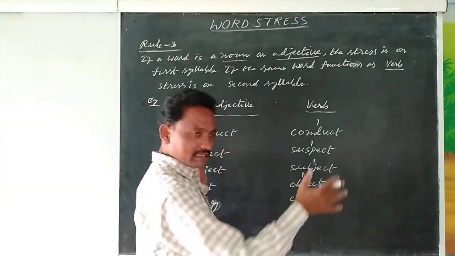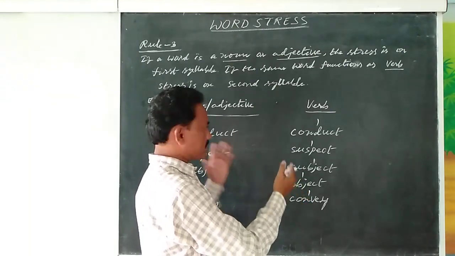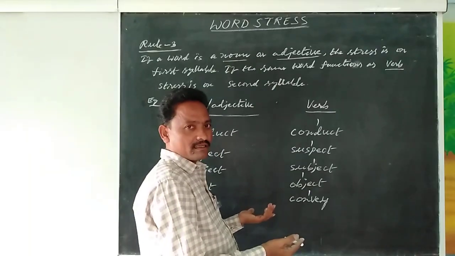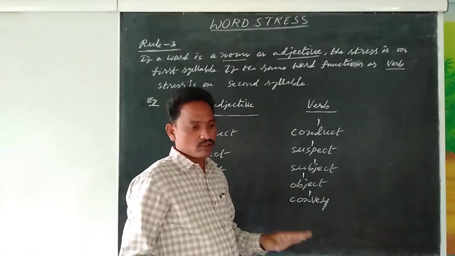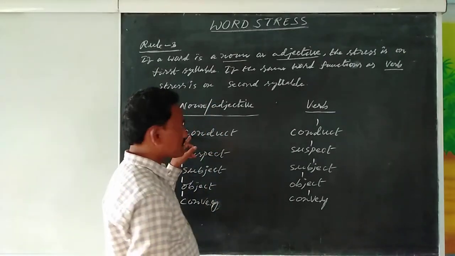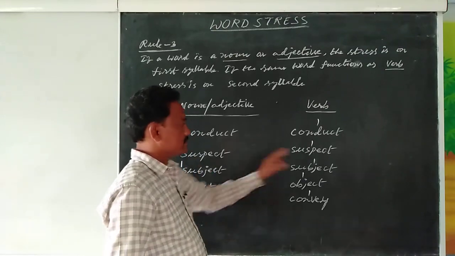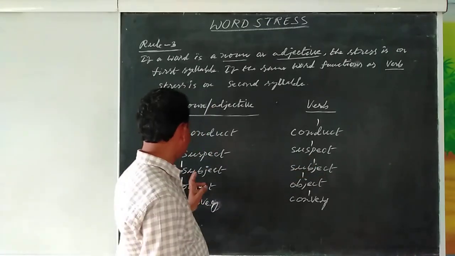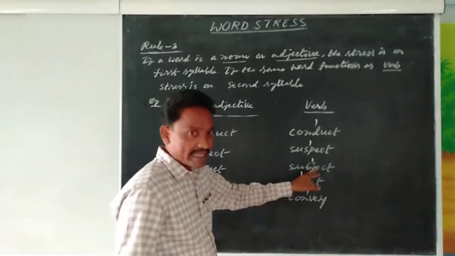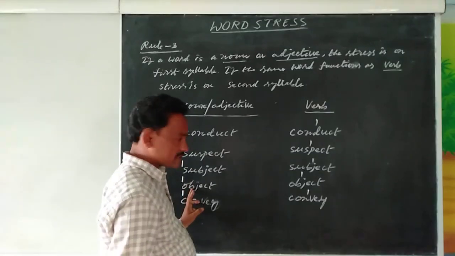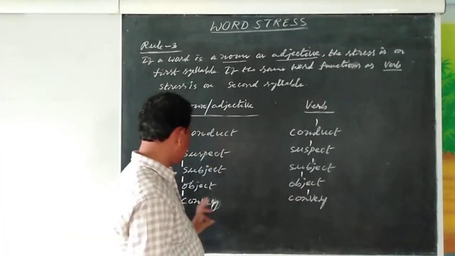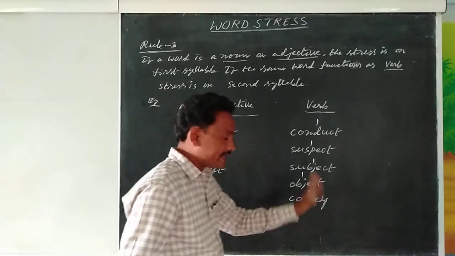Now let us see the variation between them, because the words are the same, the spelling is the same, but the function of the word is different. Conduct, suspect, subject, object, convey.